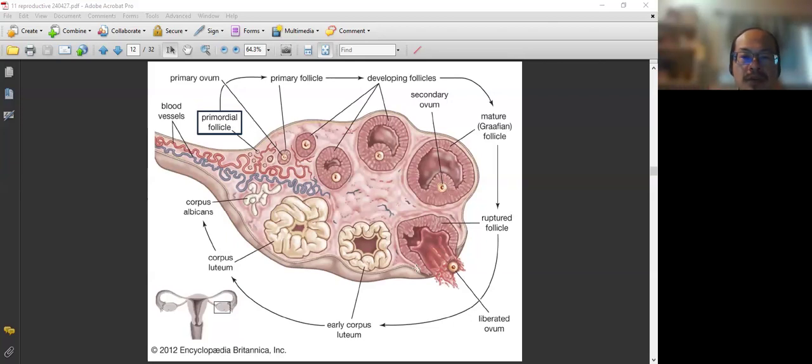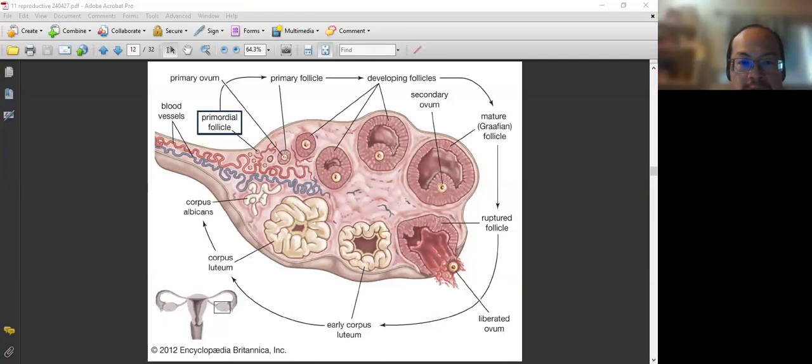When you cut through the ovary, you can find it has many different structures, kind of very complicated, but it's not. We kind of talked about it in our endocrine microscopic lab. So basically it contains many follicles.